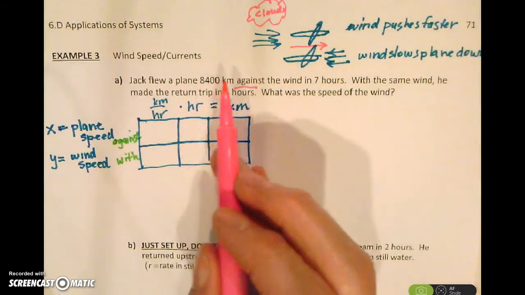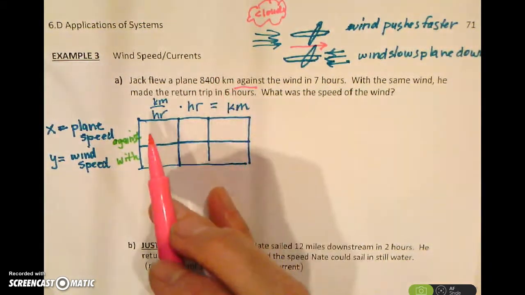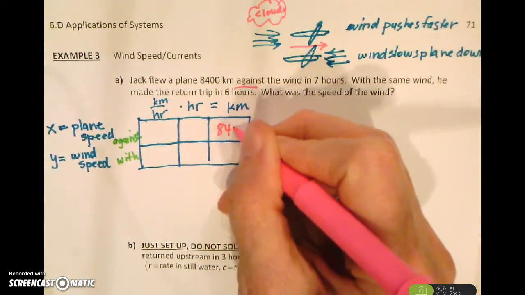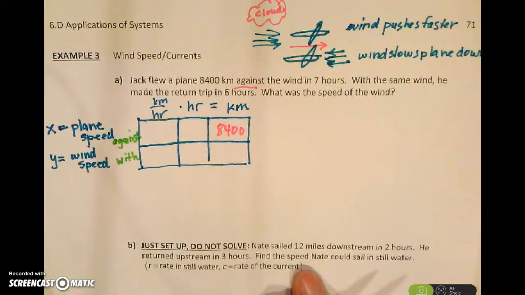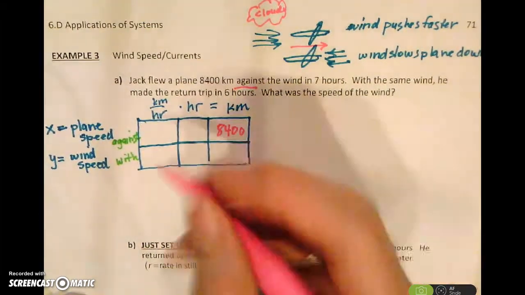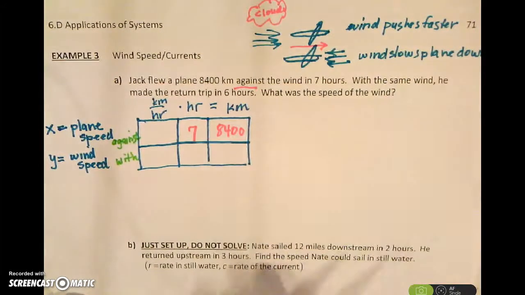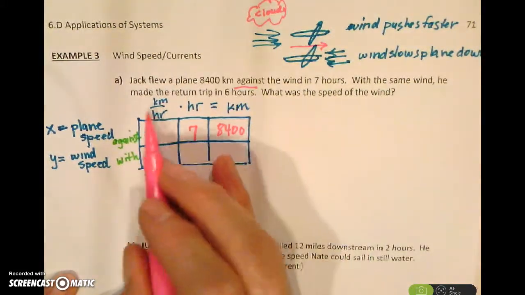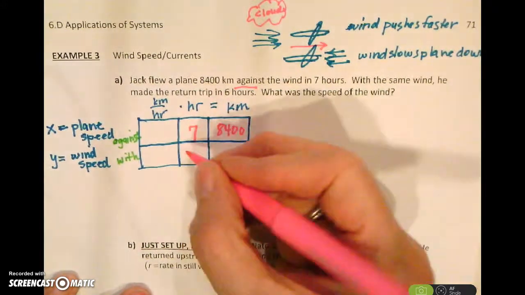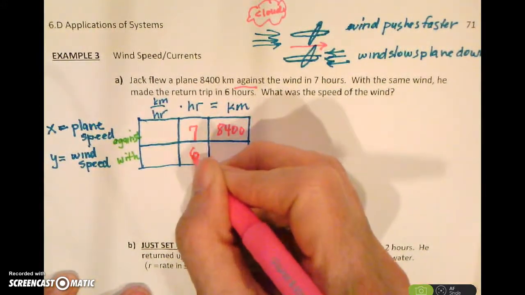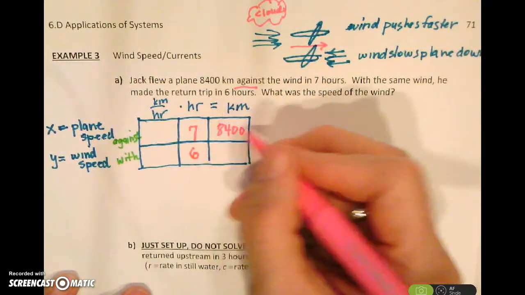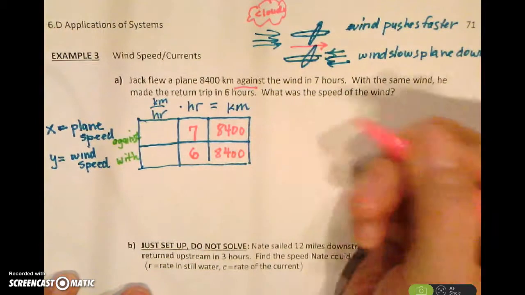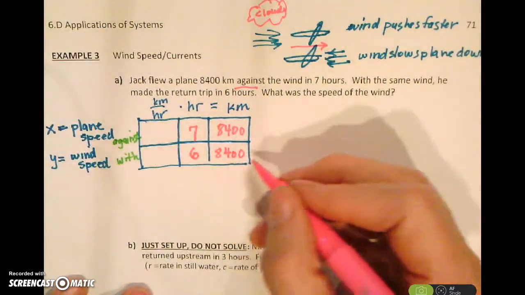So we got 8,400 kilometers, which goes underneath kilometers in the third column, and he did that in 7 hours. With the same wind, he made the return trip in 6 hours. Since he went the same distance but in the opposite direction, it's still 8,400 kilometers, so I put an 8,400 there.